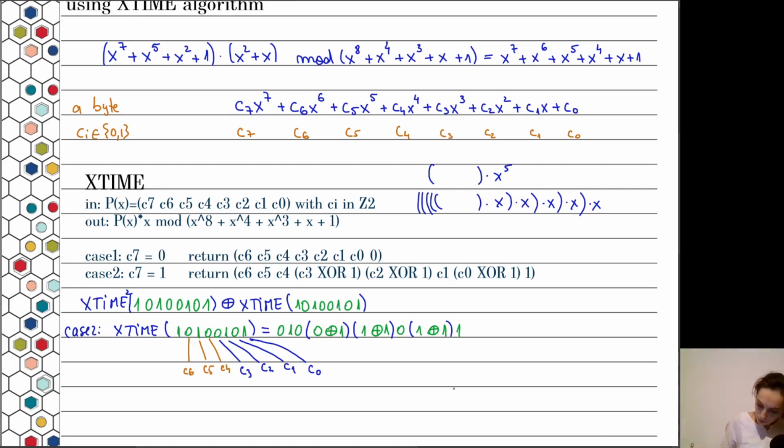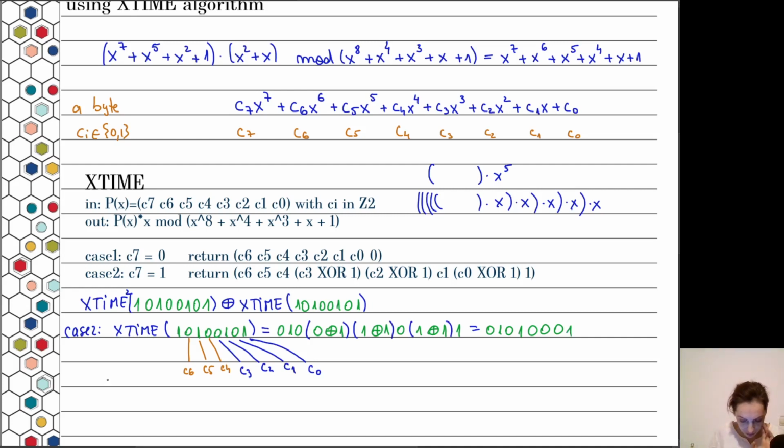Okay, so we remember the XOR function, and this will give us 0 1 0 1 0 0 0 1, and that's all. This is XTIME over this polynomial.